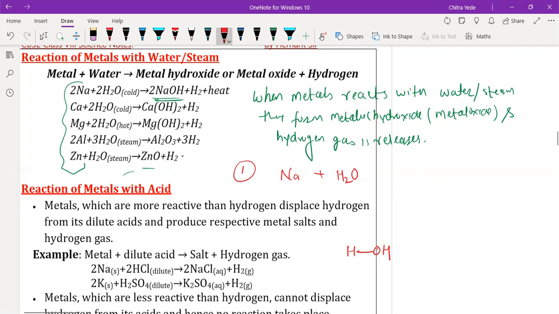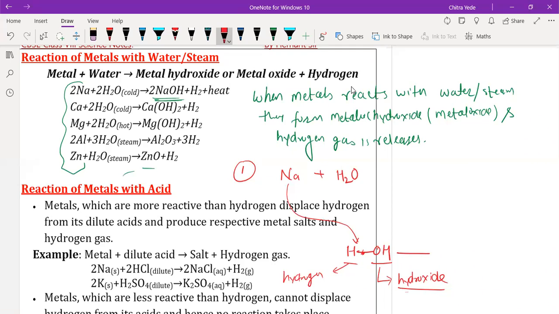So that means hydrogen and hydroxide ion. Hydrogen and oxygen combine to form hydroxide. When a metal comes in contact with water, it splits the bond between the OH group and the H group.